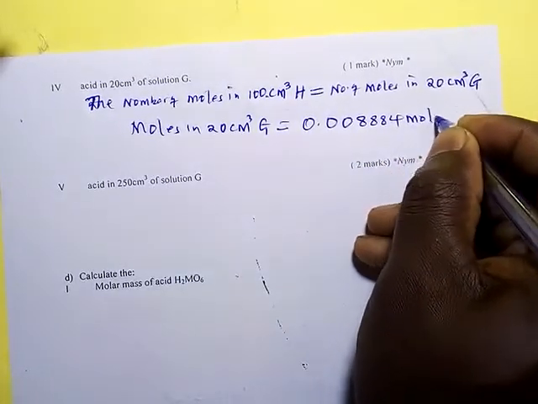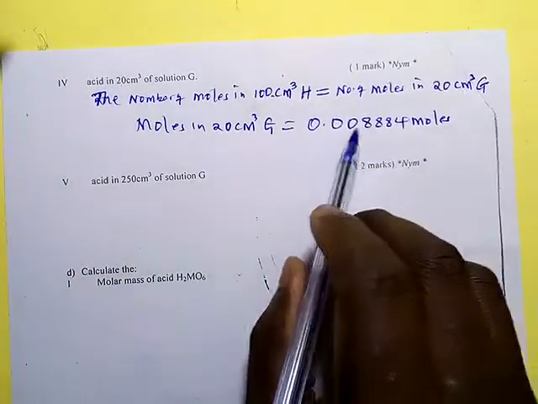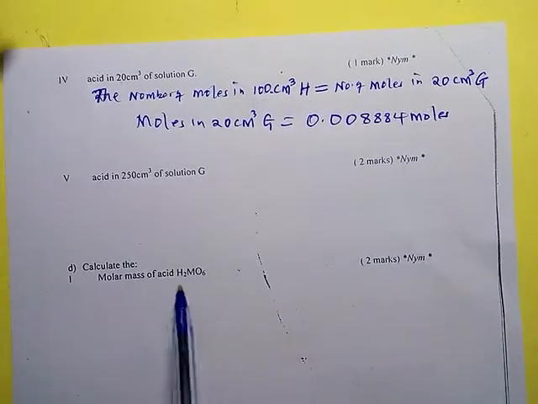Therefore, the moles in 20 centimeters cube of solution G equal 0.008884 moles.